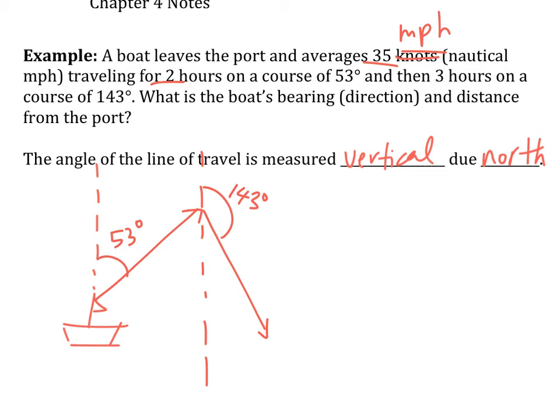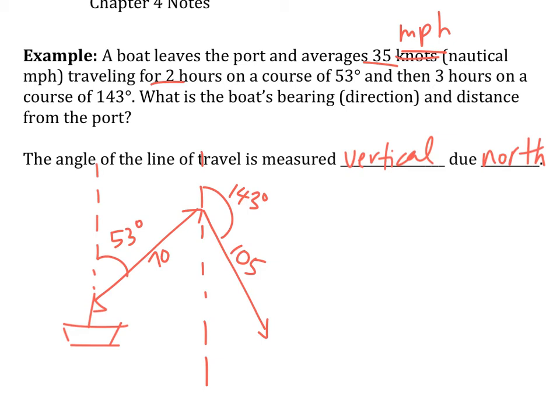You went out for 2 hours at 35 miles per hour, so speed times time is distance. Then this is 70. And then it's going to turn 143 degrees and go another 3 hours. How far is the boat from where it turned? 105.